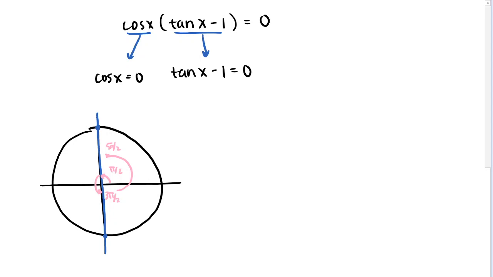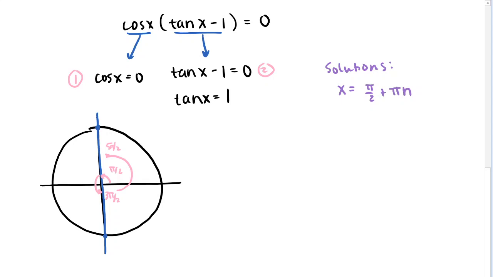If I list this equation as equation 1 and this one as equation 2, we have solutions whenever x is equal to pi over 2 plus pi times n. So those are solutions to our first factor being 0, and then solutions to our second factor being 0 occur when tangent of x is equal to 1, right? Adding 1 to both sides.